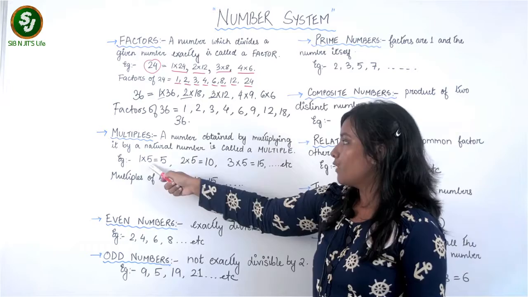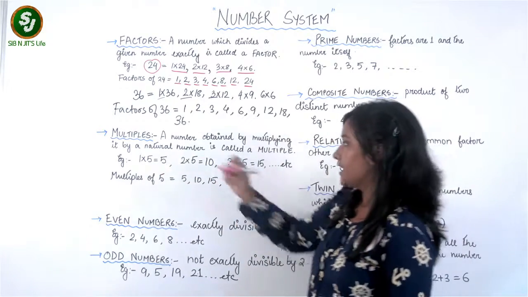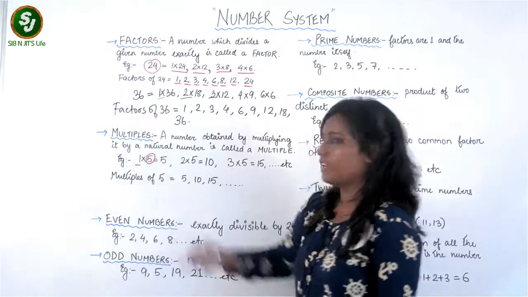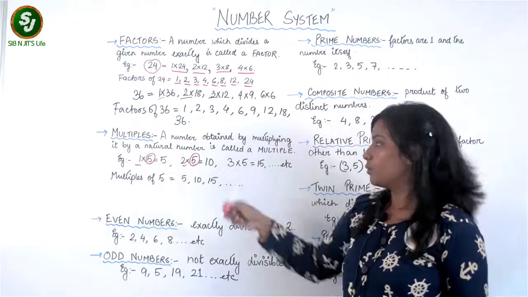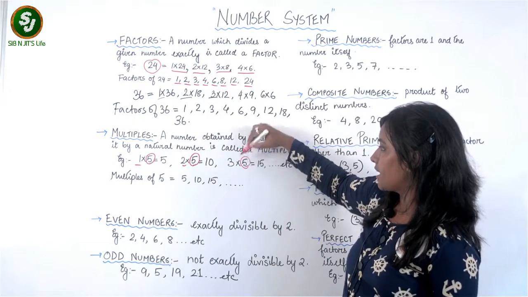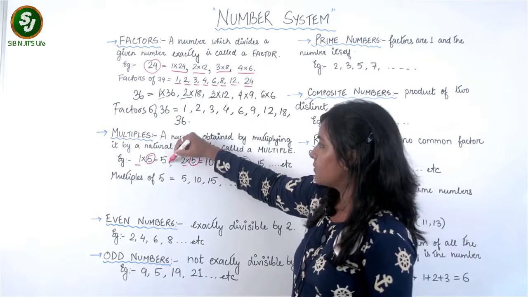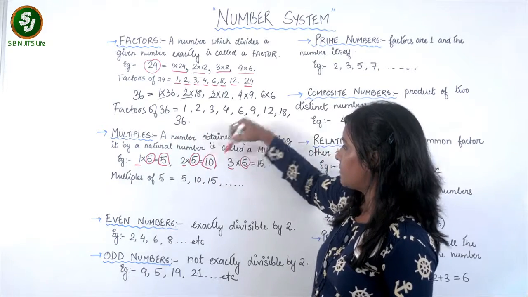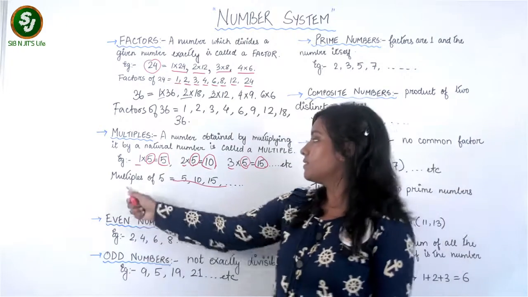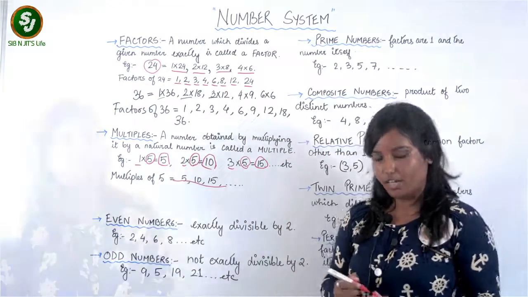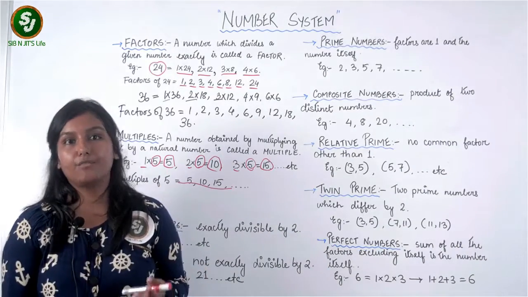So 5 is multiplied each time with a natural number. 5 multiplied by 1 gives 5, multiplied by 2 gives 10, and multiplied by 3 gives 15. So in each case, the answers 5, 10 and 15 are the multiples of 5.